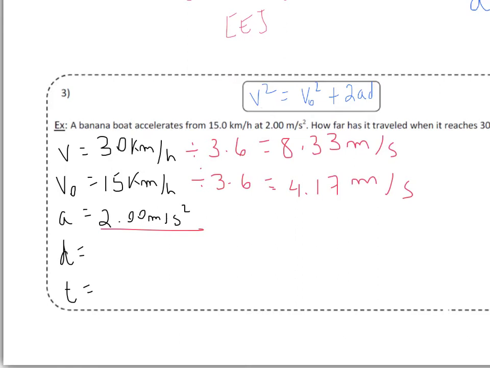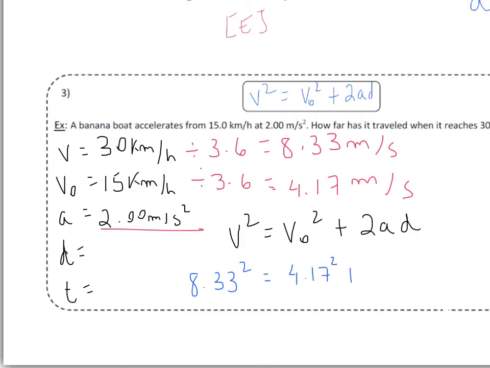Okay, so the equation is again v squared equals vo squared plus 2ad. So it's going to be 8.33 squared equals 4.17 squared plus 2 times 2 times d.